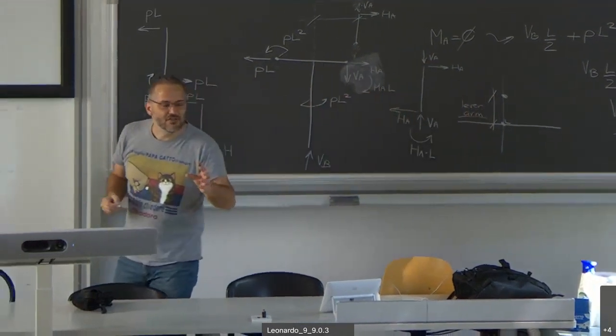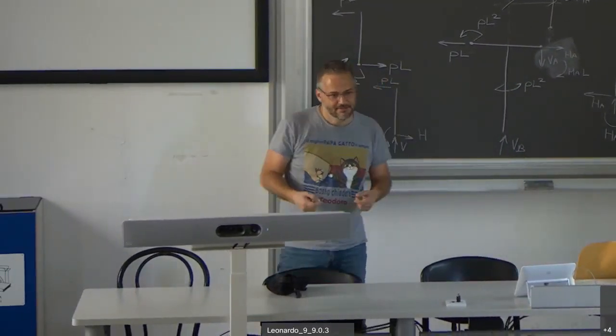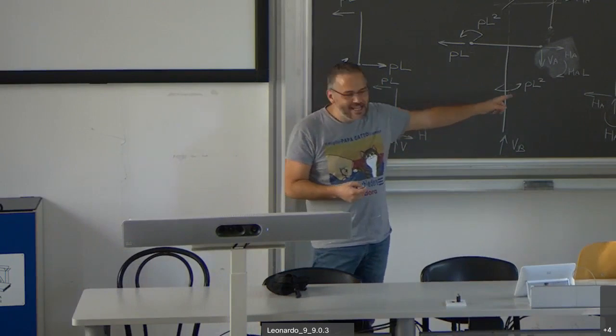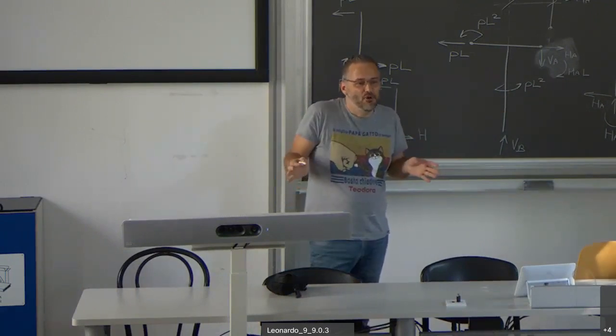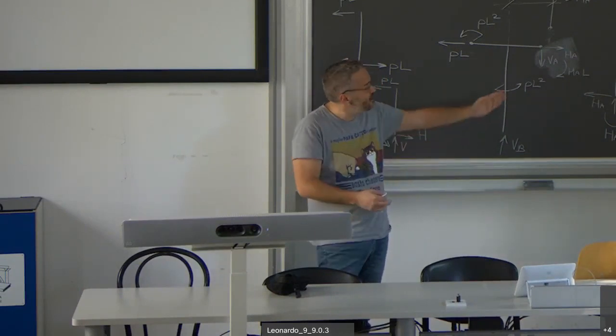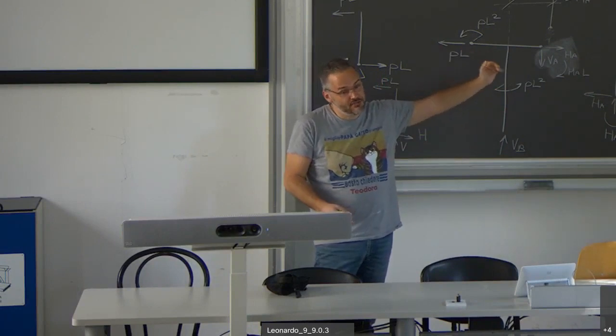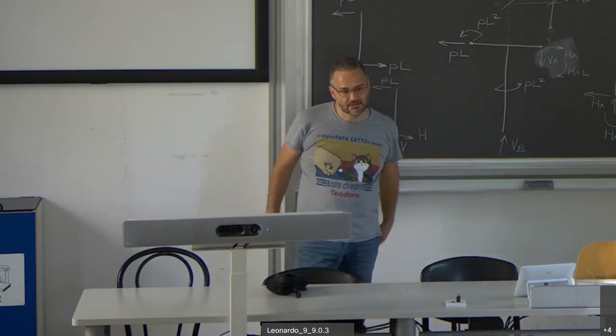That's the definition. I cannot give you other explanations. The moment is the force times the lever arm, and the lever arm is the distance between the reference point and the line of action of the force. No mistake about it.